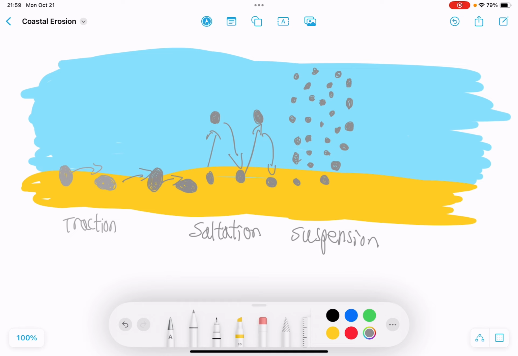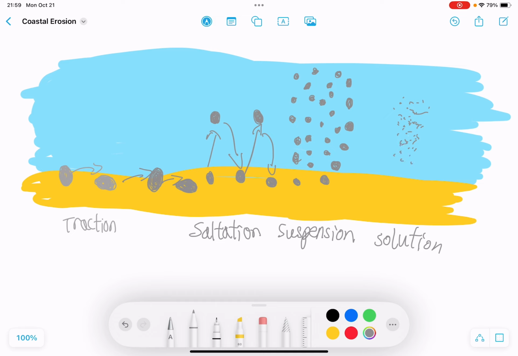Okay, and then the last process is when the coastal erosion process of solution occurs, and the sediment dissolves until it is small enough to become part of the sea, and you basically can't really see them anymore. So I'm trying to draw this so you can still see it, but you basically can't really see that.